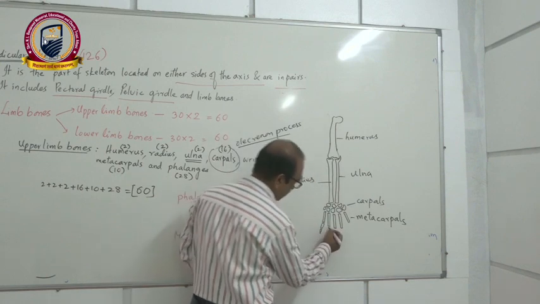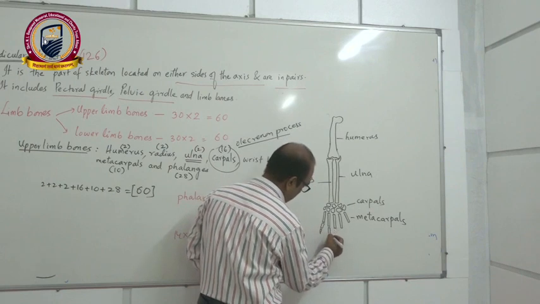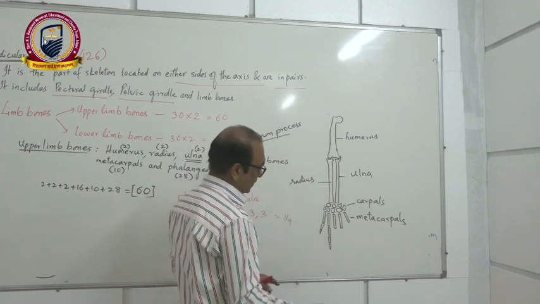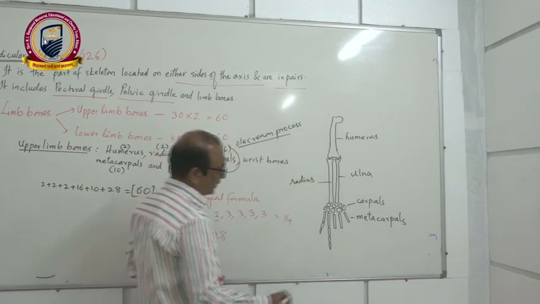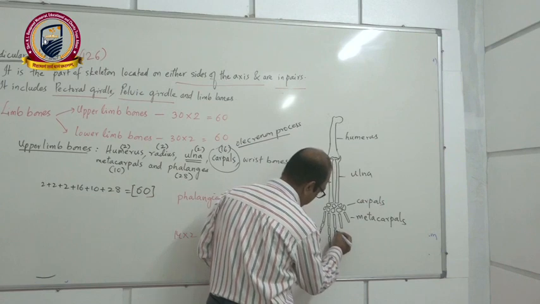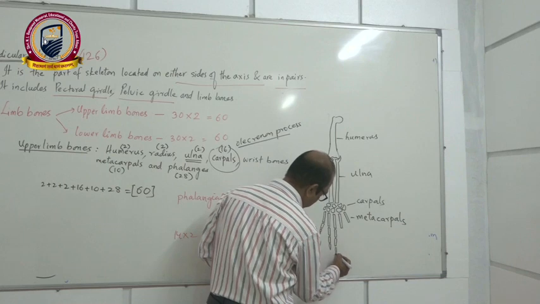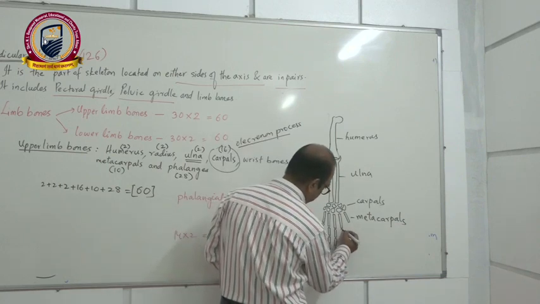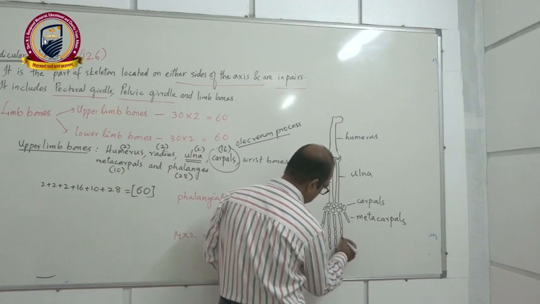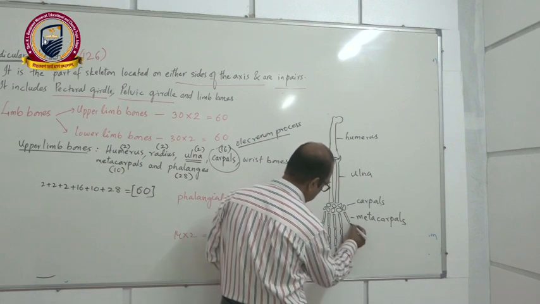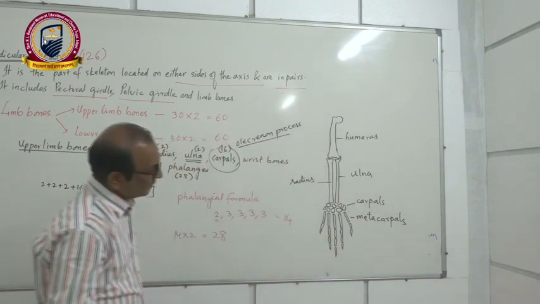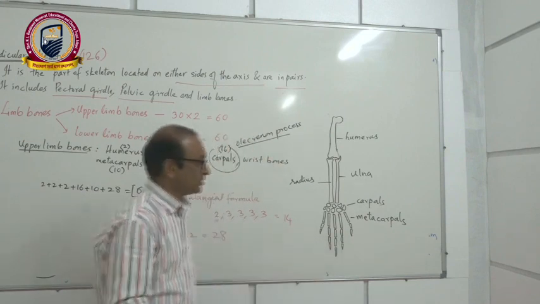Two phalanges in the thumb, three phalanges in all other fingers. Middle finger is little larger, so the phalanges are little longer. So like this, these are all the phalanges.